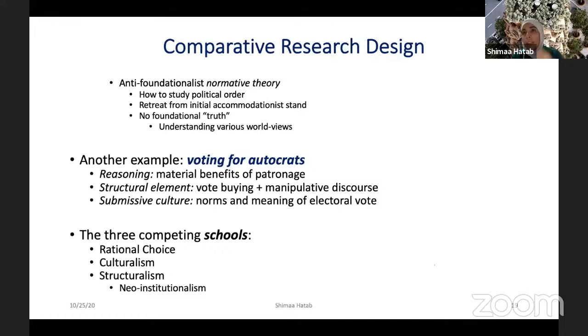The initial works of normative theory did share with positivism, as an intellectual movement, the belief that there is a metaphysical absolute truth out there.